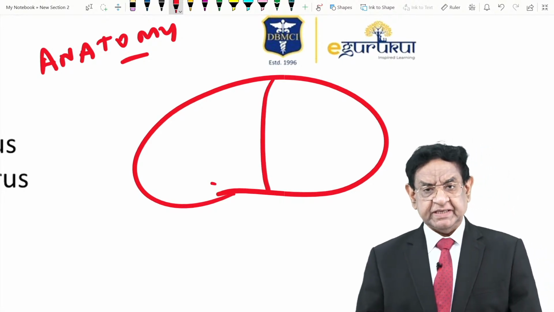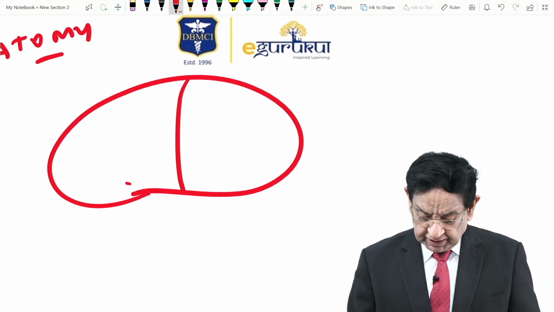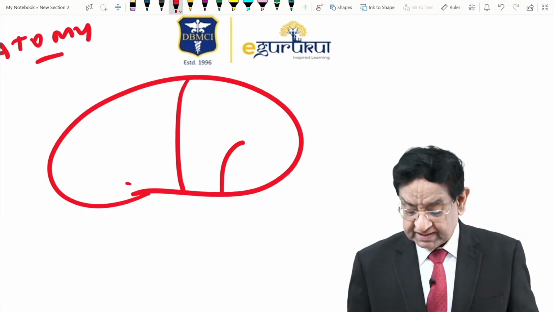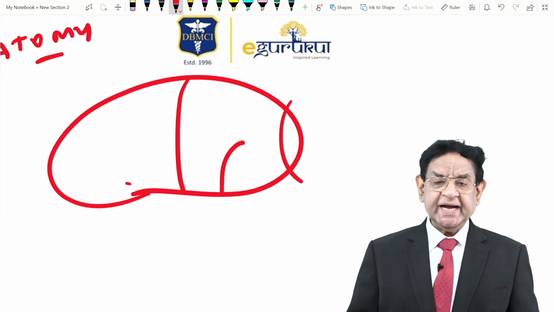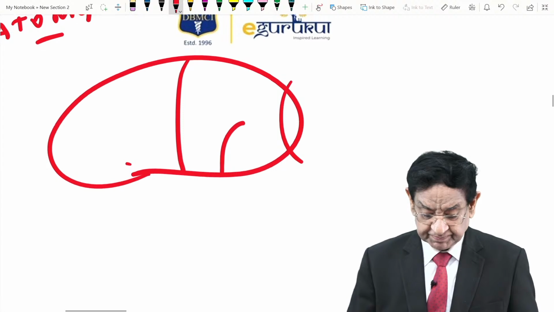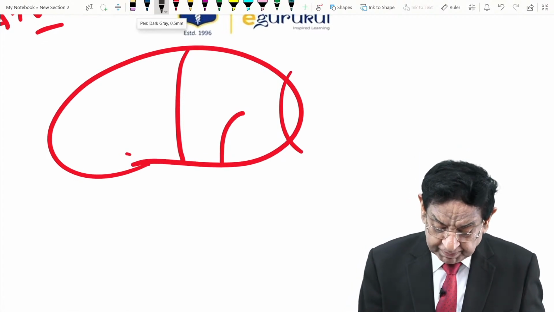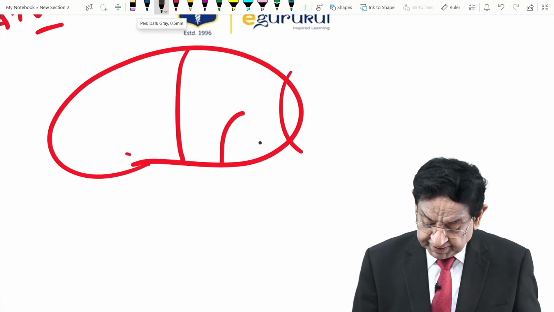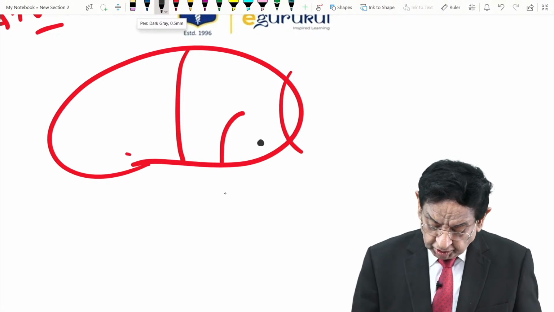This is the central sulcus. This is the lateral sulcus. This is the parieto-occipital sulcus. In the posterior part of the temporal lobe, we have the auditory area.